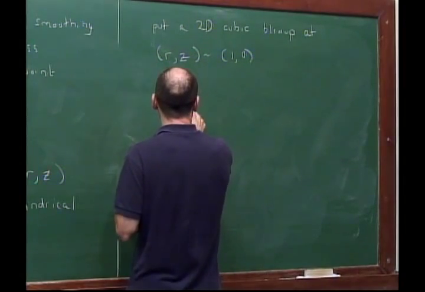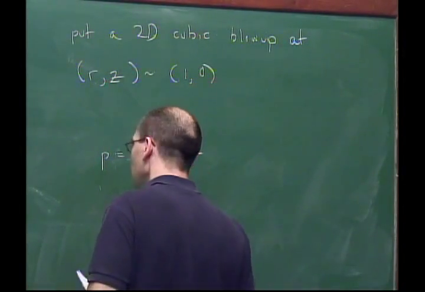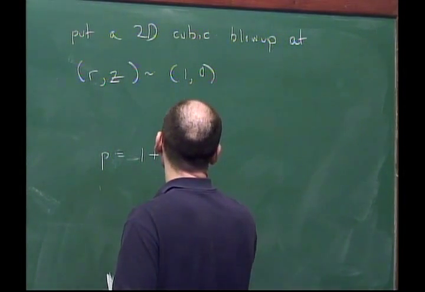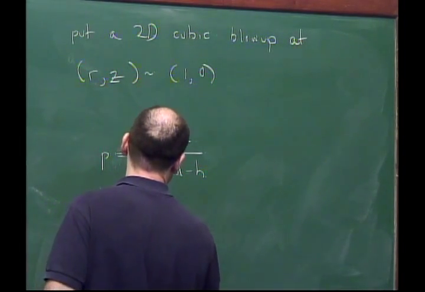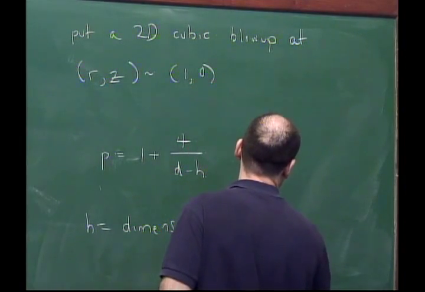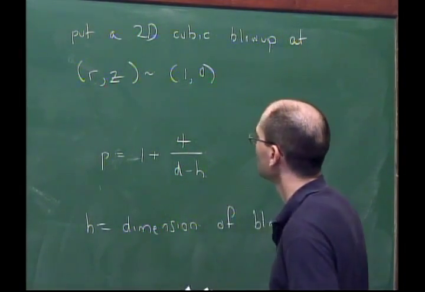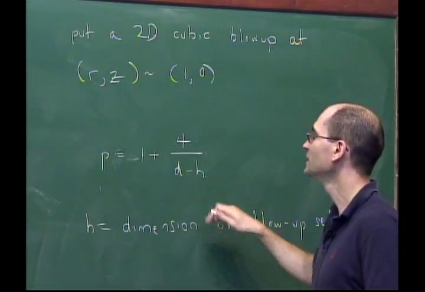Sorry, so p equals 1 plus 4 over the reduced dimension, which would be d minus h. So if h is equal to the dimension of the blow-up set, then when passing to the critical problem, it should be d minus h.